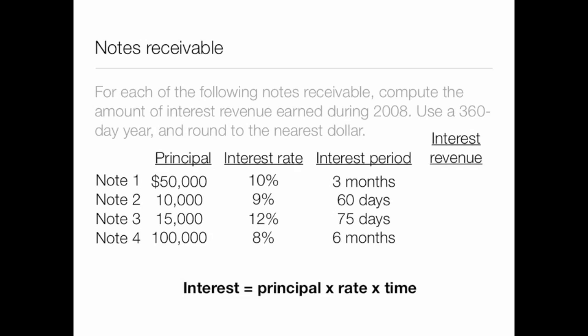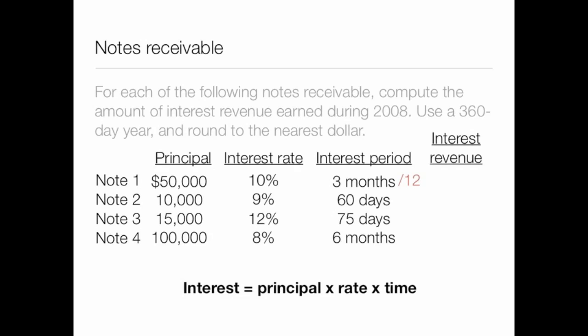So, for example, note number 1, 10% is the yearly interest rate. That's for a whole year. But notice the interest period is just 3 months. So we have to put the interest period in terms of a year. To do that, we would say 3 months out of 12, because there's 12 months in a year. Now our interest rate and our interest period, or our time, are compatible.